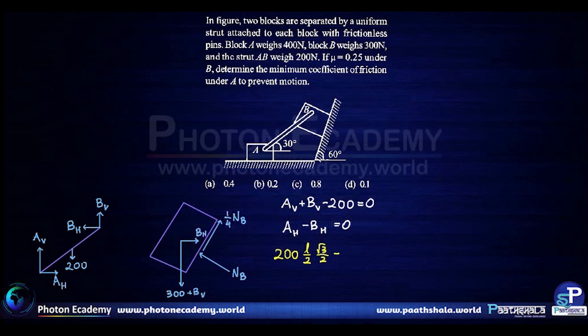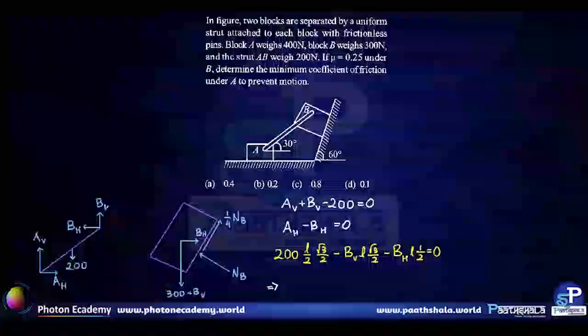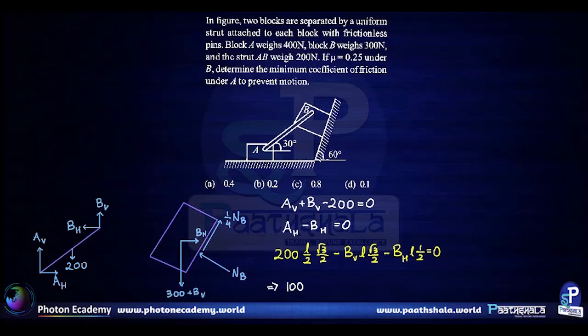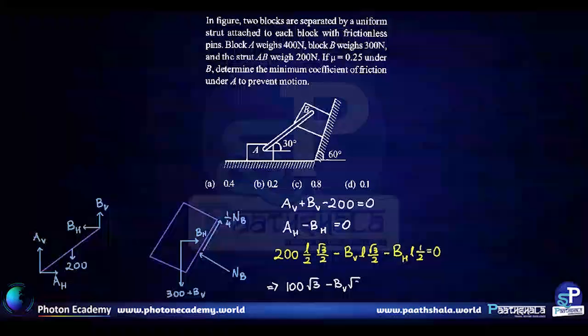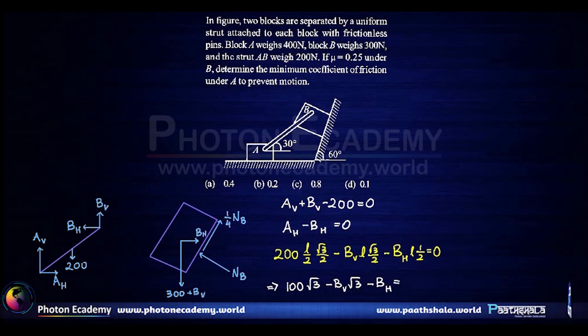Then we have minus BV L root 3 by 2 minus BH L into 1 by 2, and this must be equal to 0. This simplifies to 100 root 3 minus BV root 3 minus BH is equal to 0.